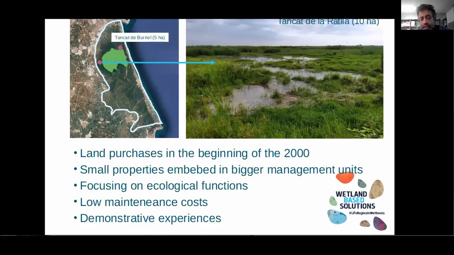It's also important that these small reserves have low maintenance cost, not like the previous ones, which have maybe 15,000 euros of management every year. And this is also a demonstrative experience for the farmers, because they are implementing several initiatives.